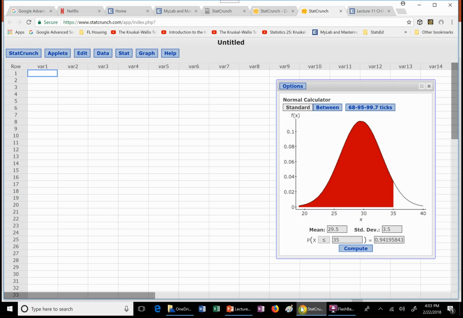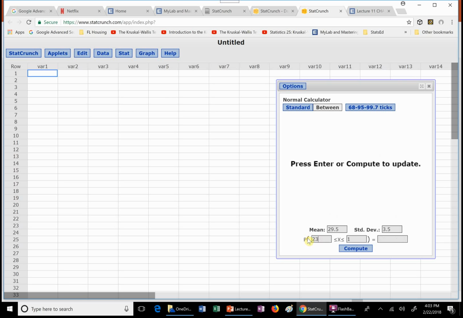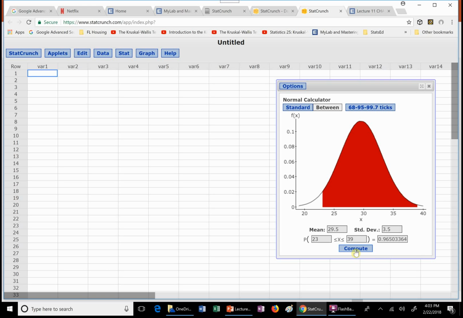How do I do that? Switch to between. Good. Notice you could do it if you were really old school, by computing the probability that you're less than 39 and subtracting the probability of less than 23. But that's too much work, right? 23, 39. And it looks like it's about 96%.